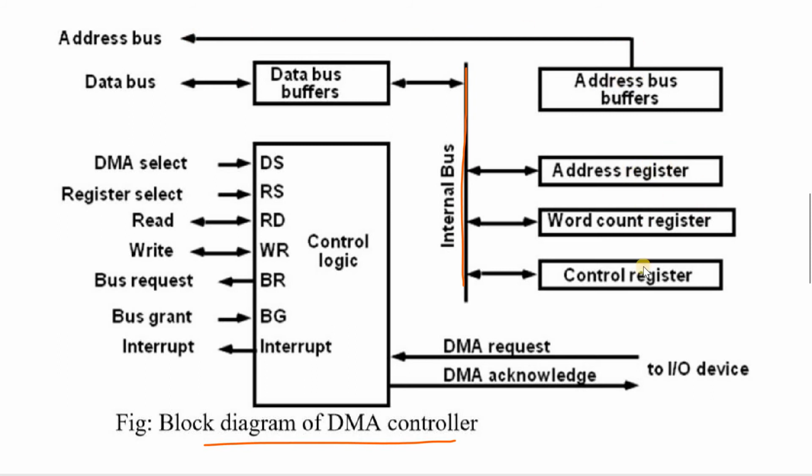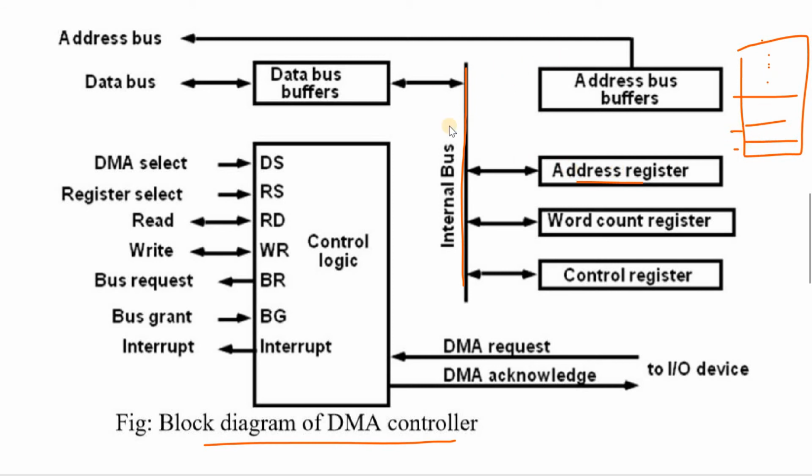Coming to these three registers, the points are very, very important. Address register: whenever DMA is enabled, it holds the initial address of the memory. The memory has a number of locations, and each location has an address.